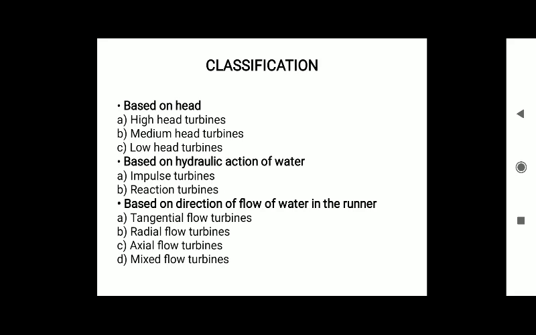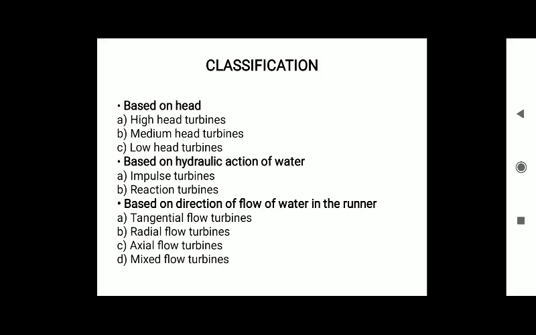The next one is axial flow turbines. In axial, I missed one part, that is radial flow turbines. What are radial flow turbines? Radial flow turbines are turbines in which the water is flowing perpendicular to the axis of rotation of the shaft.